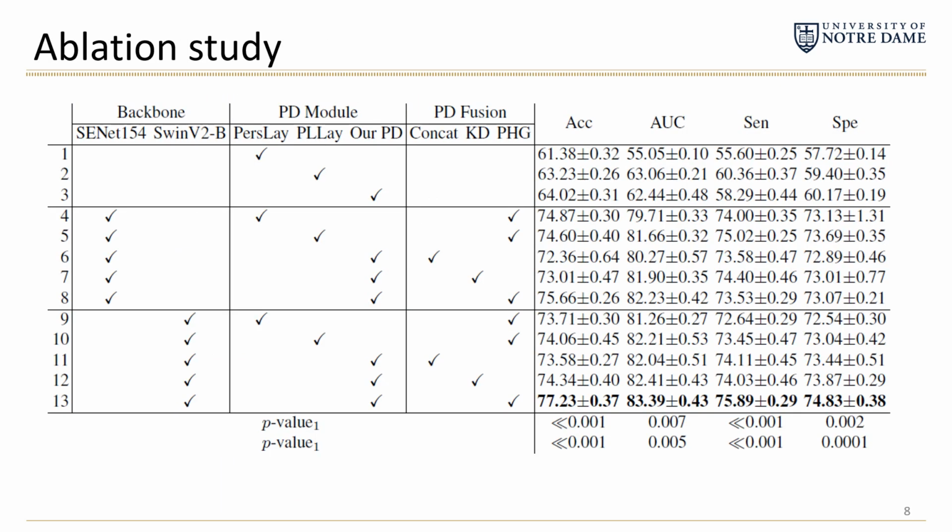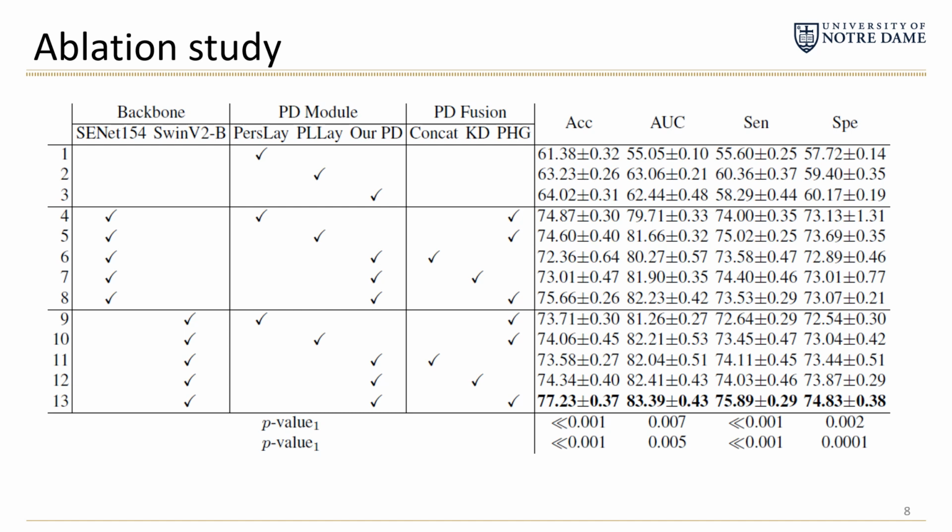This is the ablation study. We tested our PHG module on two backbones. One is CNN, that is SENet-154. Another one is a Swin transformer. We compare our persistent diagram encoder with the PersLay and PLA methods. We also compare our PHG module with concatenation and knowledge distillation methods.